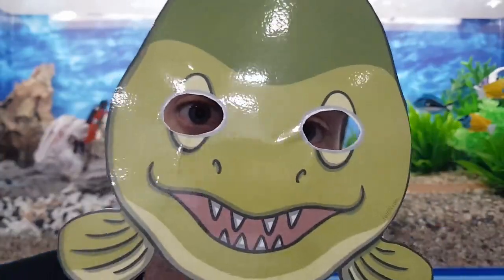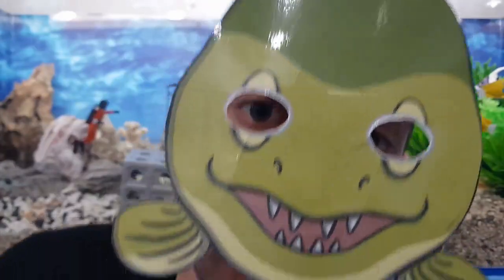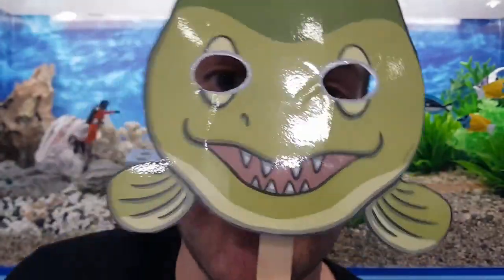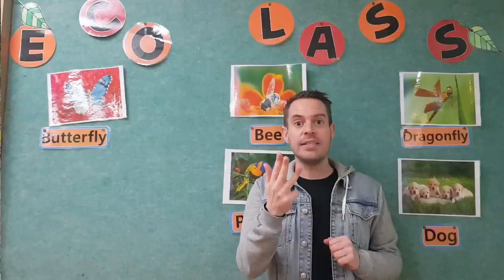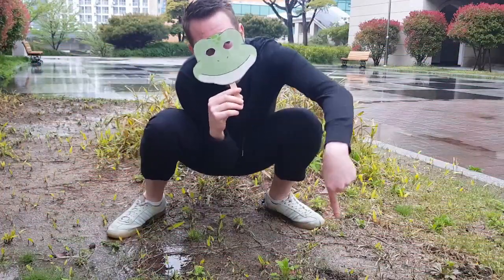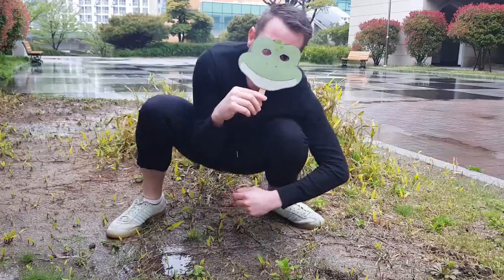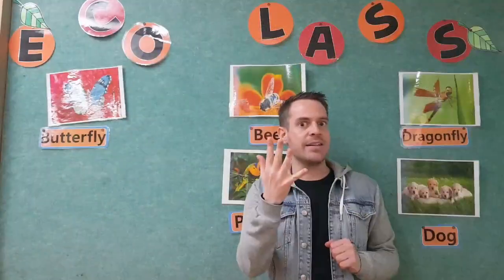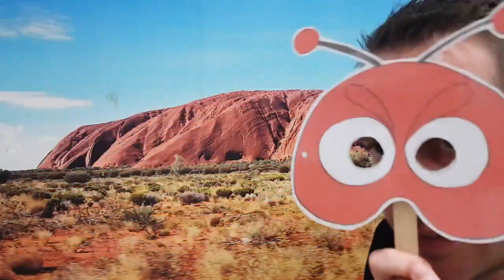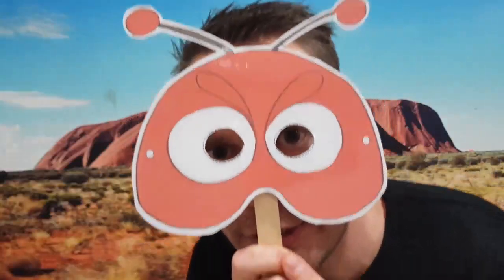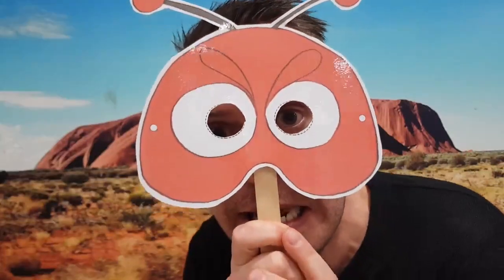Sharks. Baby shark, baby shark, baby shark. Amphibians. Ribbit, ribbit, ribbit. Froggies in the mud. Boing, boing, boing. Reptiles. Slippery snakes in the grass. And insects. Itchy and armies. They're everywhere.